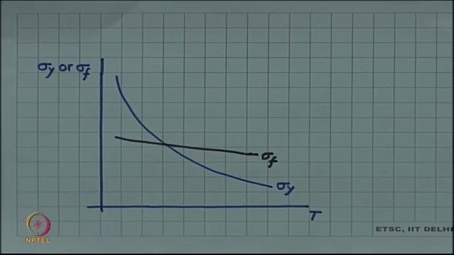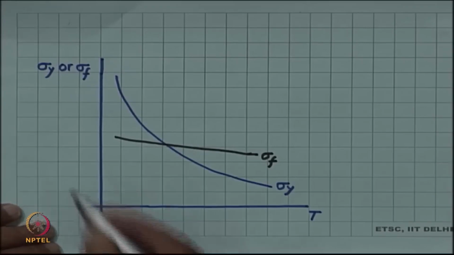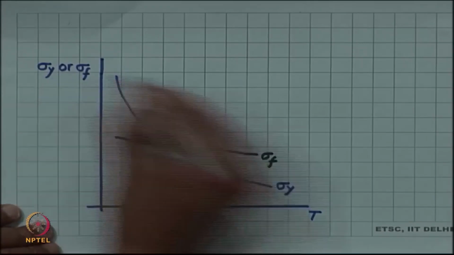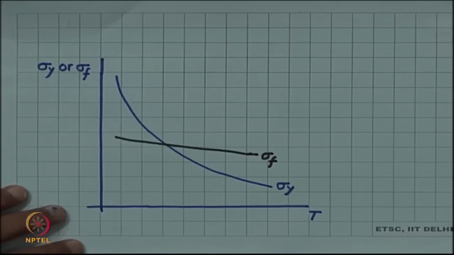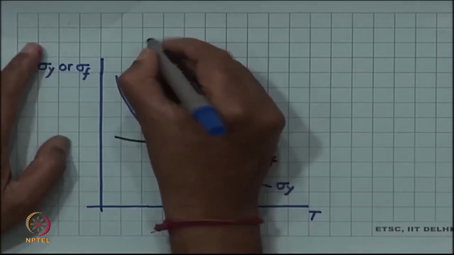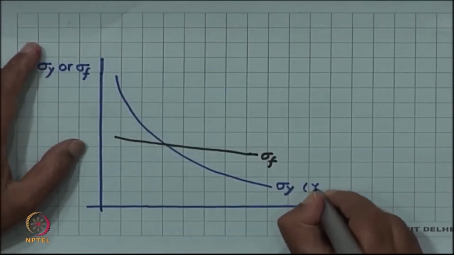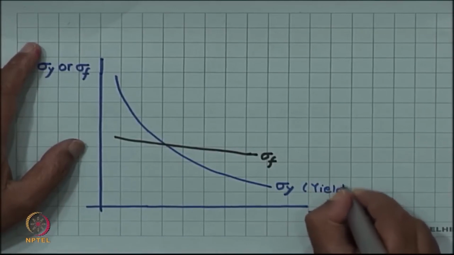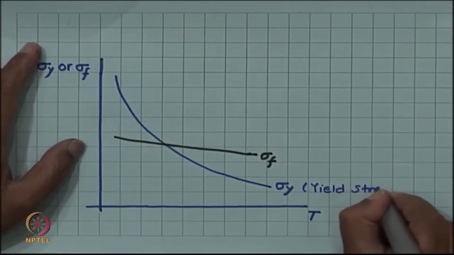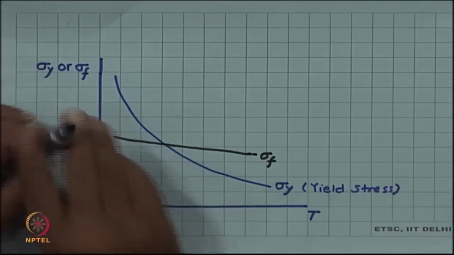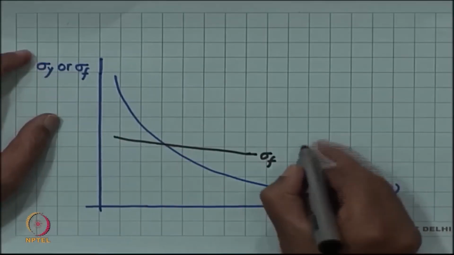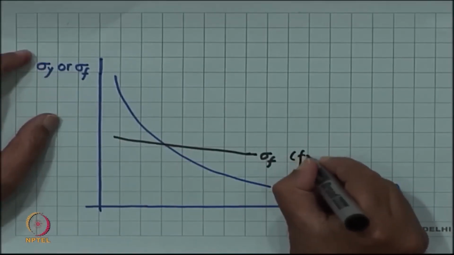One way to look at this transition is this. Let us plot the yield stress sigma y. So, sigma y is the yield stress, and sigma f is the fracture stress.